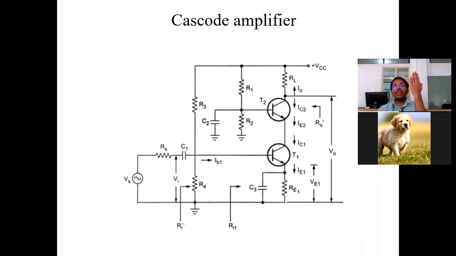So, for the transistors to be in active region, you need to give the required forward bias and reverse bias for those junctions. This is called as biasing. So, this DC voltage source and these resistors provide the necessary biasing.